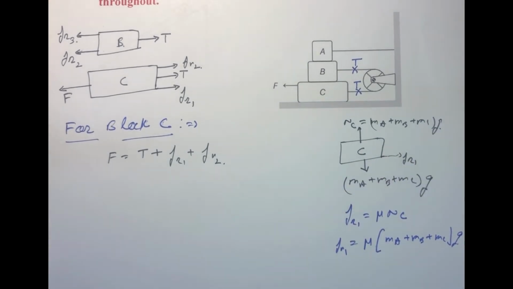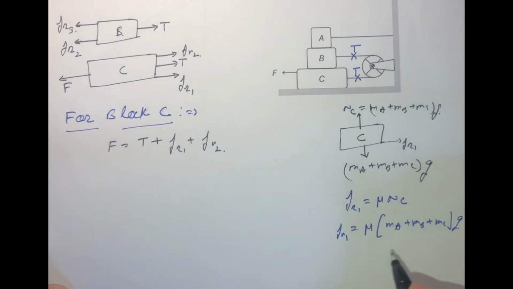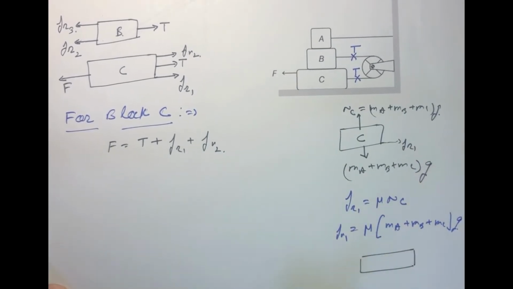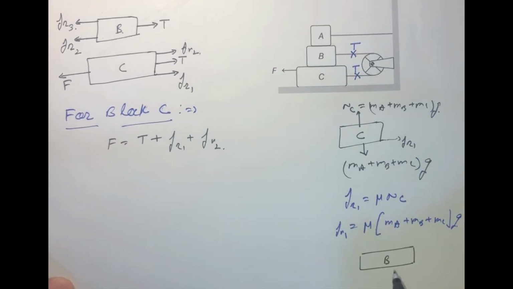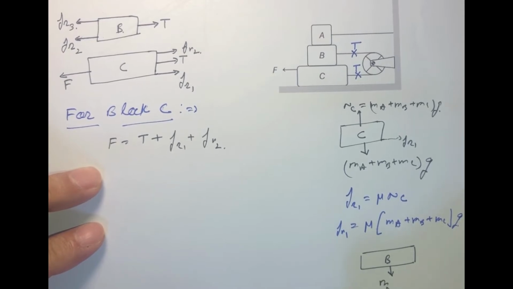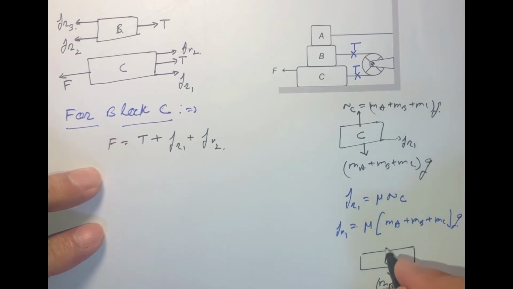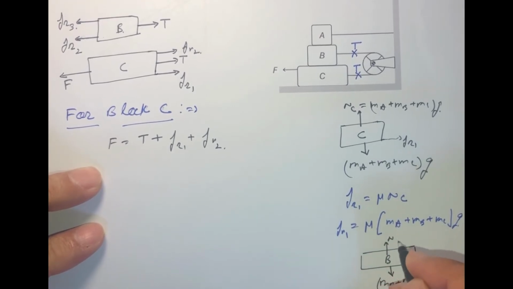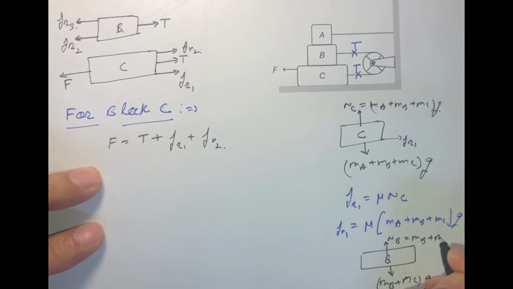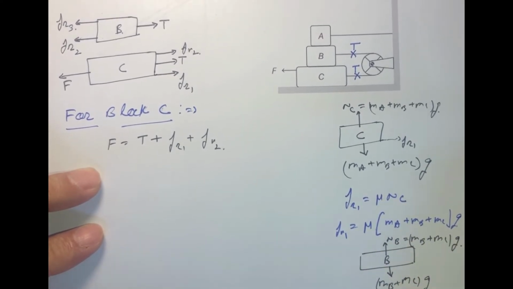Similarly, we can find out FR2. This is our block B. In the downward direction we are going to have MB plus MC into g, and then let the normal be NB, which will be equal to MB plus MC into g.